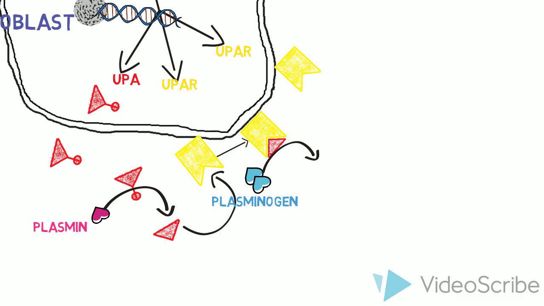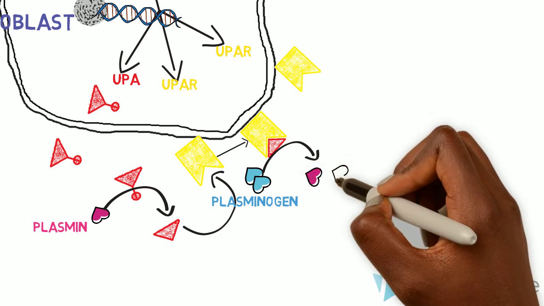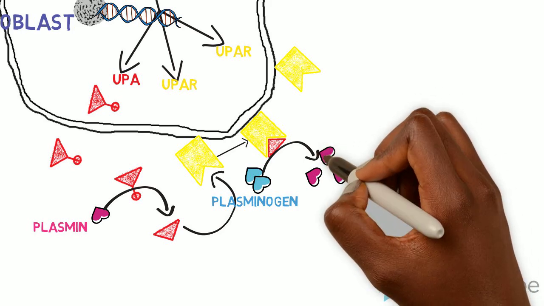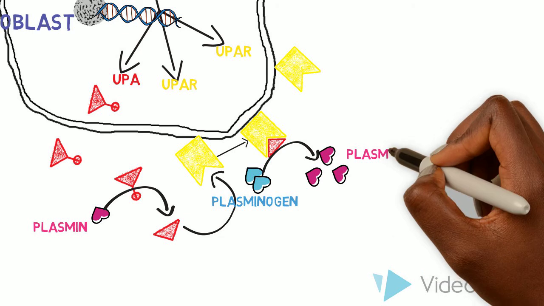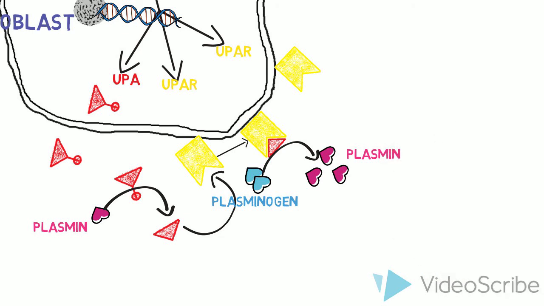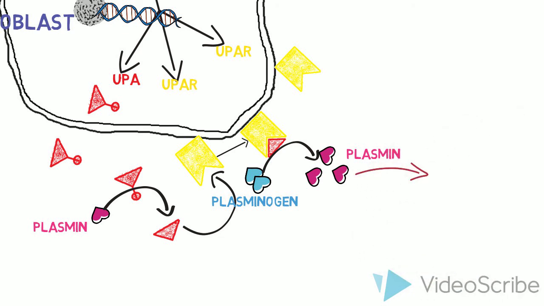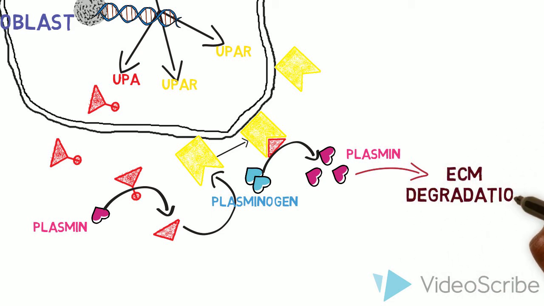Now it will be this plasmin, which is now at a higher concentration in the extracellular matrix, that will do three things. It will first degrade the ECM. It will also bind and activate other proteins that will help in the ECM degradation process.